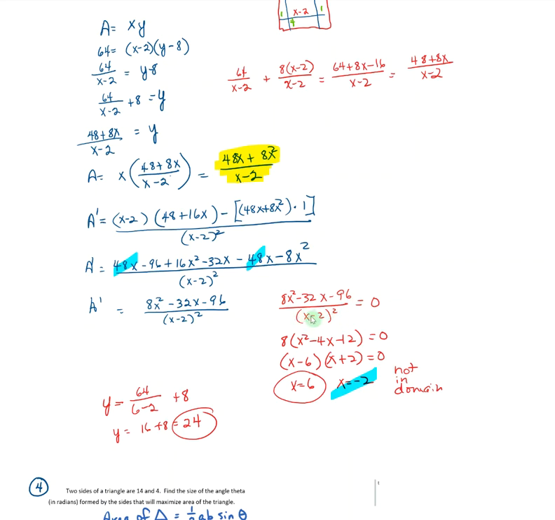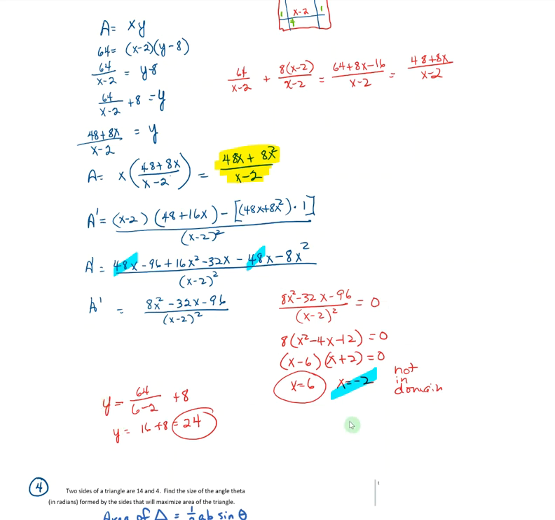When you multiply the denominator on the other side, it goes to 0. Factor out 8, and you've got x squared minus 4x minus 12. Divide that 8 out there, and that's gone. So you've got an x minus 6 and an x plus 2. X equals 6, x equals negative 2. We cannot have a negative. We're talking about length, and so that one's not in the domain.